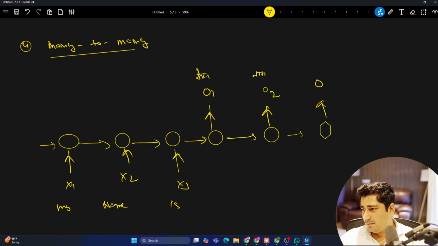So mera naam, output 3. It is supposed to give me the output. So if I give "my name is" as input, I'm expecting "mera naam hai" as output. Again, it's many to many. Many inputs and many outputs I will be able to get.